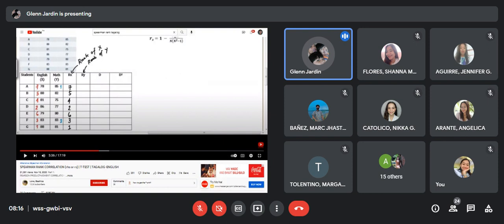So that's why ito yung rank 1. Okay? Rank 1 yung 88, followed by 86 kasi rank 2. Then rank 3 is 83, 4 is 81, 5 is 80, 6 is 79, and then rank 7 is 78. Itong ranking na yan, ano? Okay? Let's proceed to rank Y.